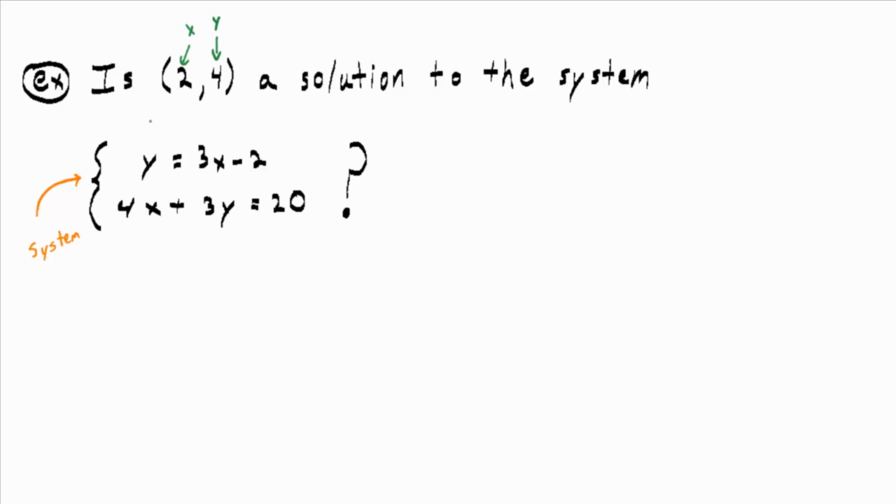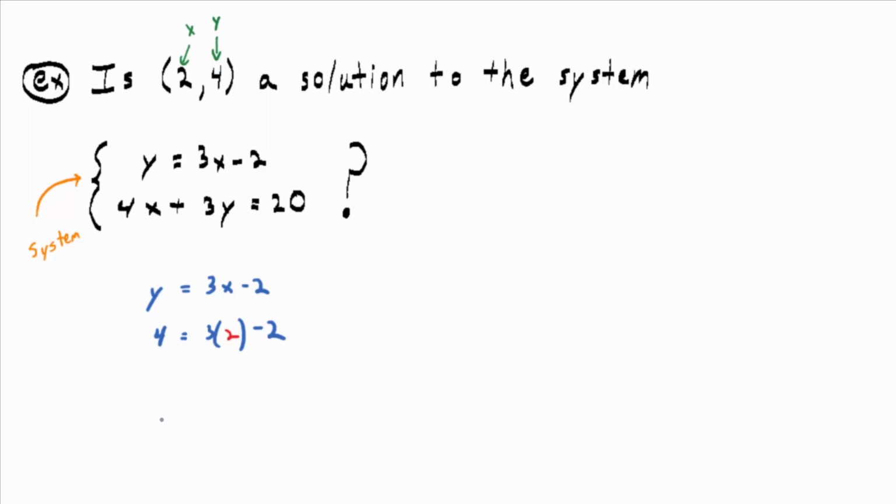Plug it in. Check. So for the first equation, y equals 3x minus 2, you could just plug in 2 for x and then see if you get the correct y. Or you could plug them both in and see if you get a true statement.